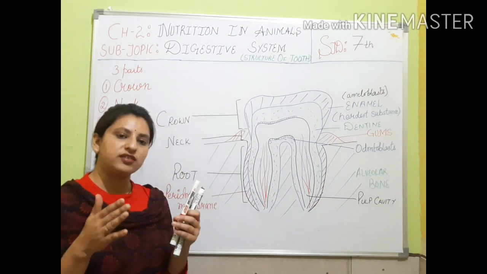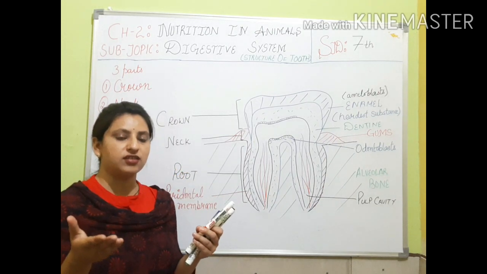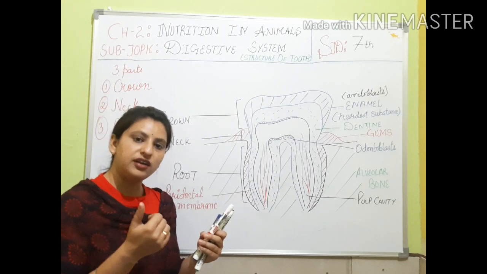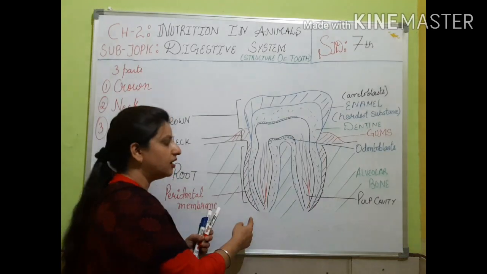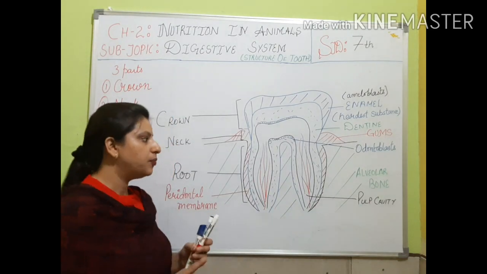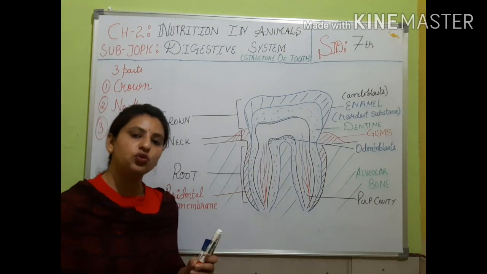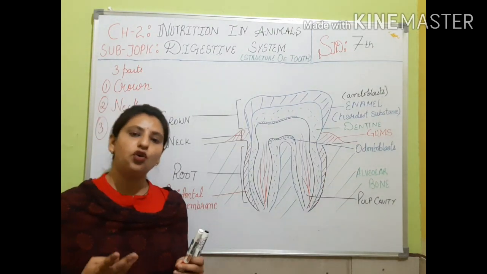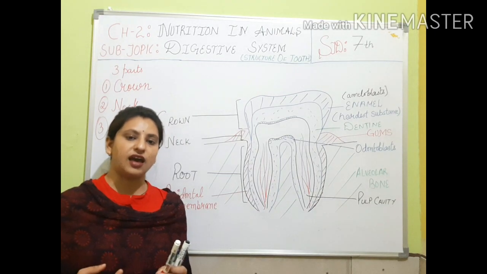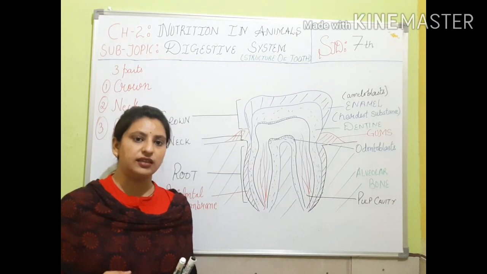Molars and premolars are a little bit flat, and incisors and canines are a little bit pointed. As for the root, incisors and canines have one root, premolars and molars have two roots, and sometimes the wisdom teeth, which come at the age of 18, have three roots.